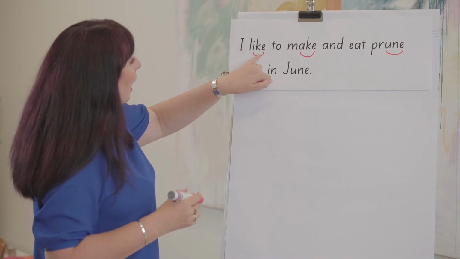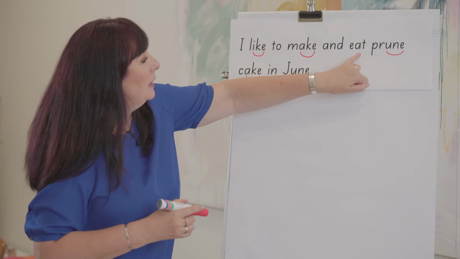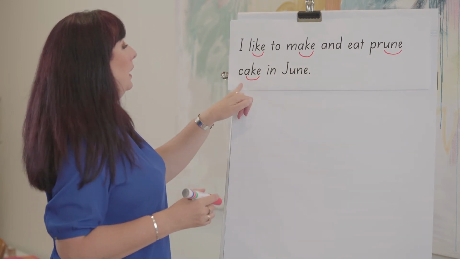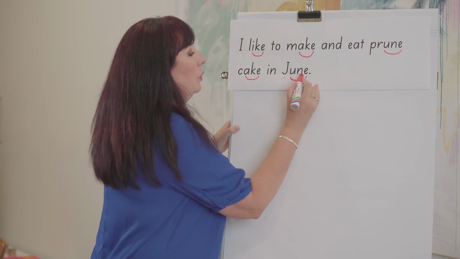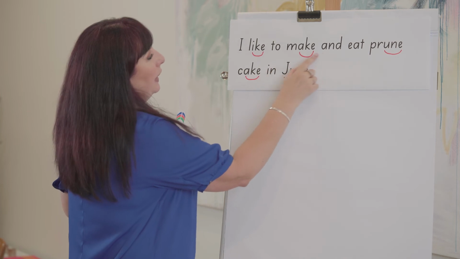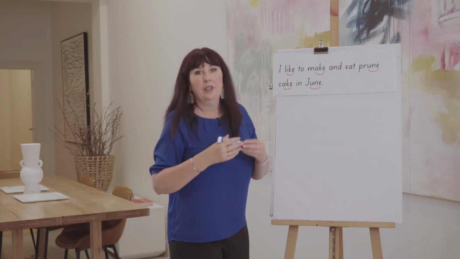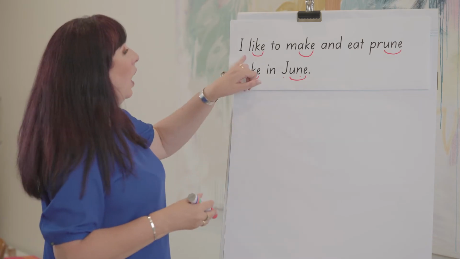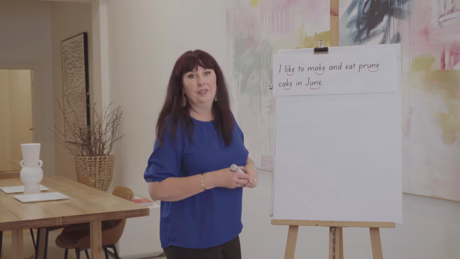I like to make and eat prune cake in June. Again, I like to make and eat prune cake in June. And let's read it fluently. I like to make and eat prune cake in June. Good job.